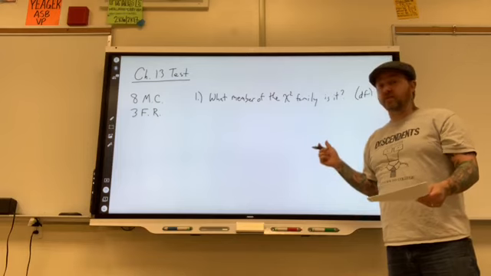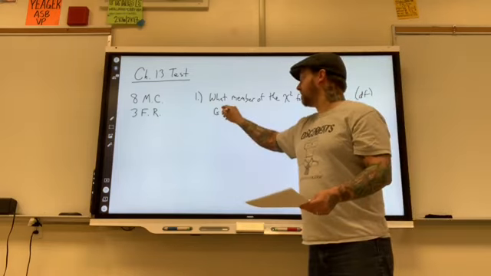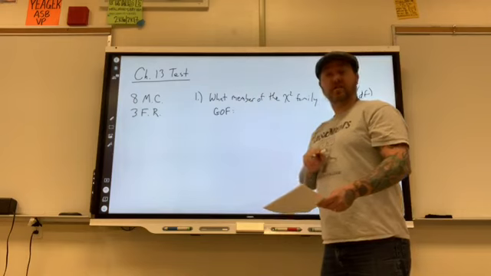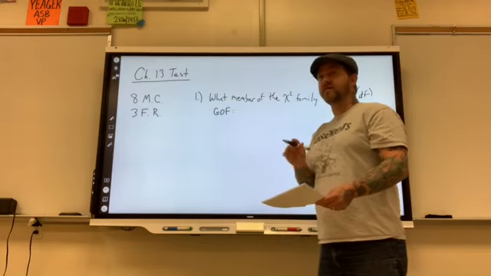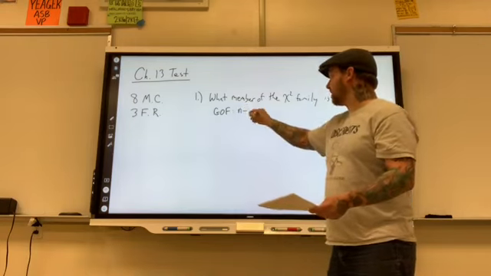Do we remember how to find degrees of freedom? For a goodness of fit test, it's just what? N minus 1 is correct. All right.